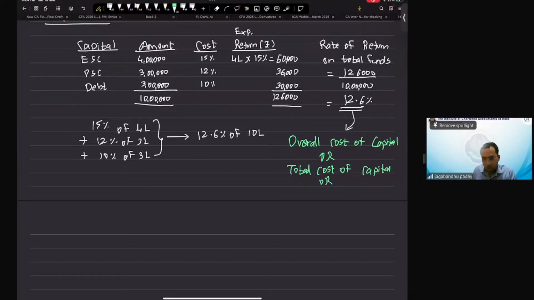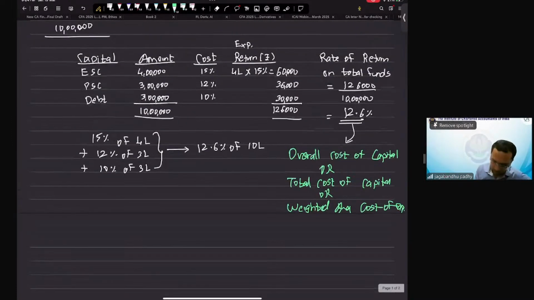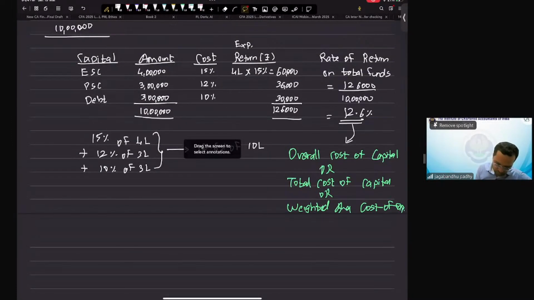Or we also call it weighted average cost of capital. So either of we call it overall cost of capital, total cost of capital, weighted average cost of capital. That's the cost that we are looking at from the holistic perspective. Okay. Now, why do we call it weighted average? So let me just put in front of you something different of sort.